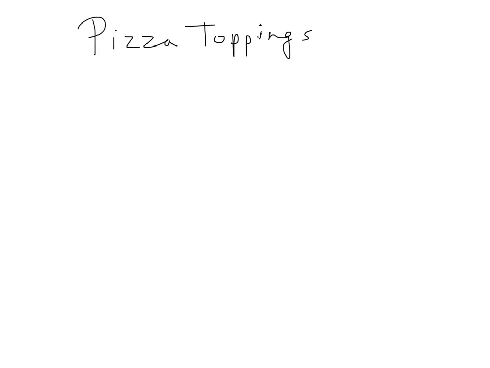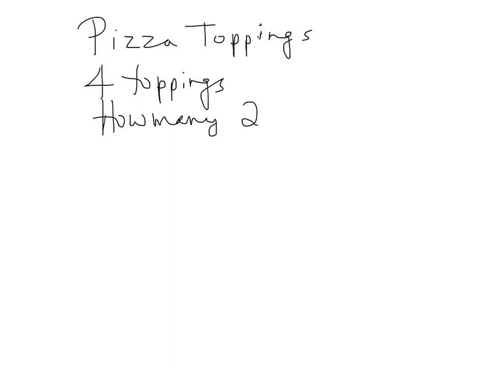So this says you have a school party, the kids are making pizzas, there are 4 toppings, and you want to know how many 2 topping pizzas. This is basically like what we talked about before with the ice cream.